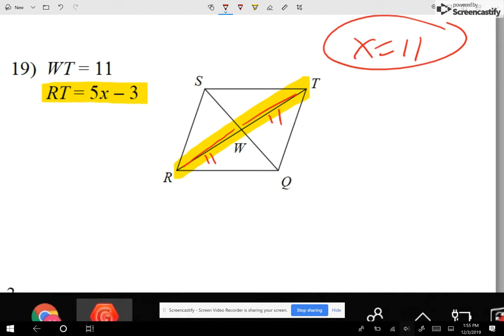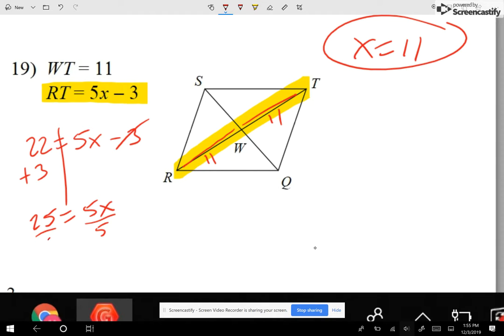Now RT, the entire thing, is equal to 22. So I'm just going to say 22 equals 5x minus 3. It's going to solve for x. My minus 3, I'm going to move it here as a plus 3. 25 is equal to 5x. Let me divide by 5. x is equal to 5.